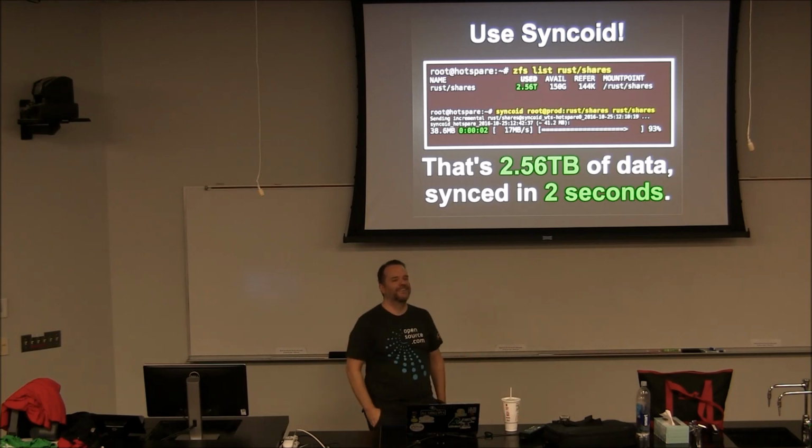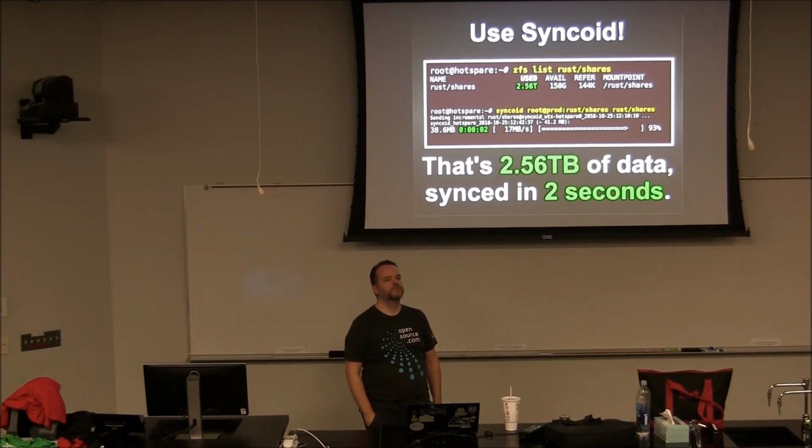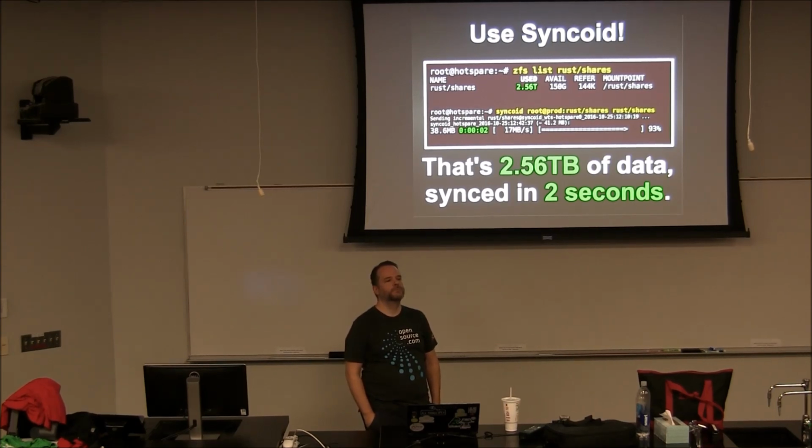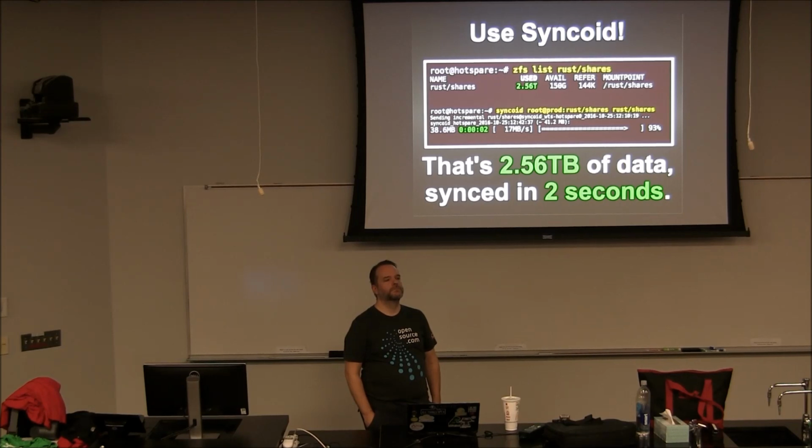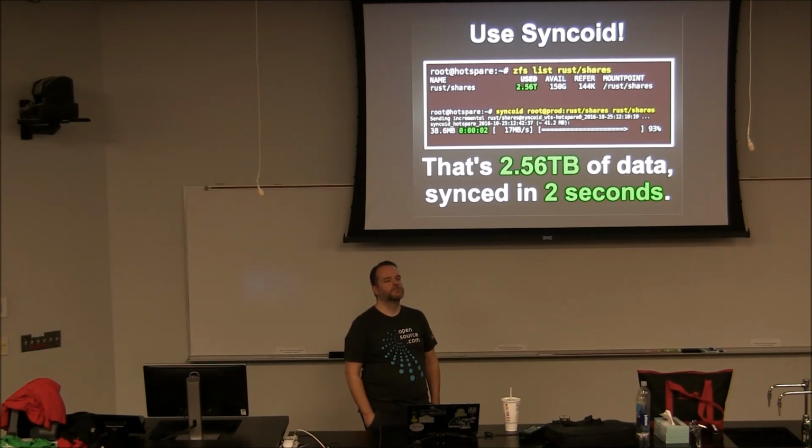The receive bit is about the encryption. It's about the fact that you can send malformed send streams and trigger problems or buffer overflows or cause it to write incorrect data. The receive code isn't. I mean, it's no different than any other file system.